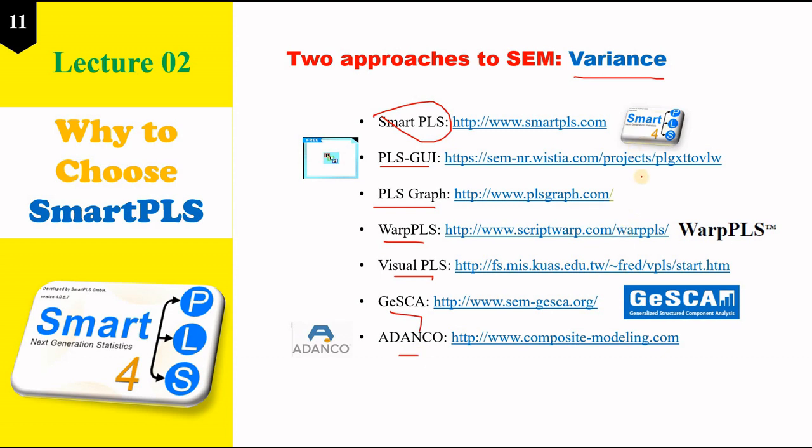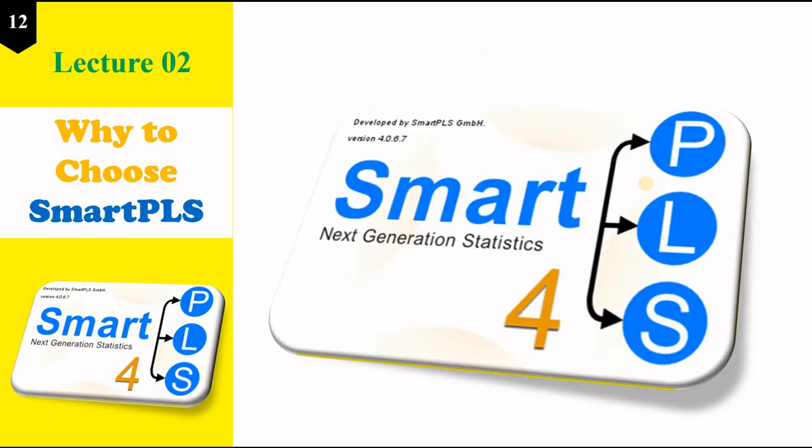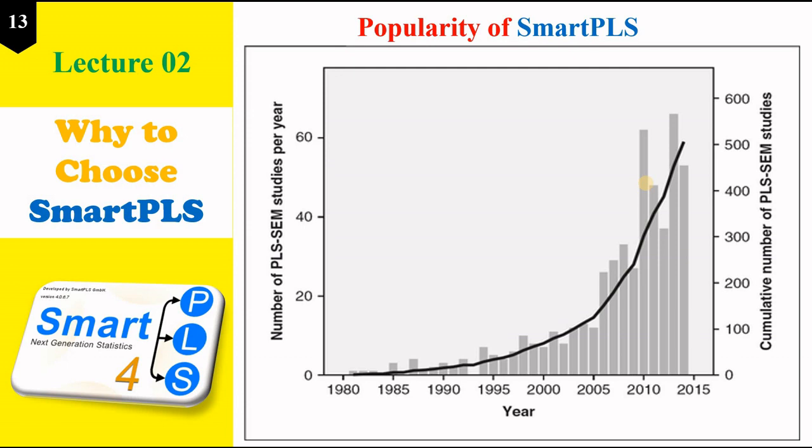But here in this video, I would like to shed some light on the different features of SmartPLS. Now, if we talk about the popularity of SmartPLS, every day its use is increasing among researchers. If we see here from 1980 to 2015, there is an ever increasing trend of the use of this software in different research papers.